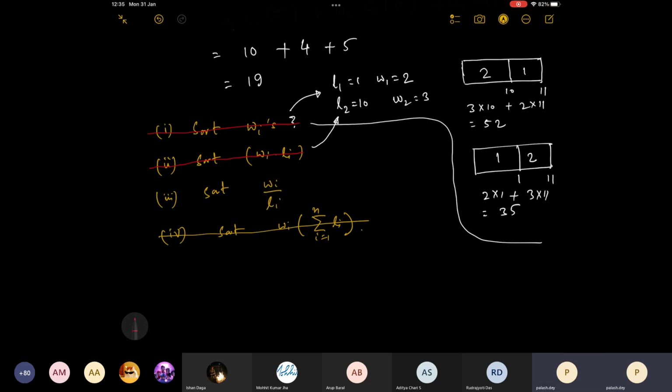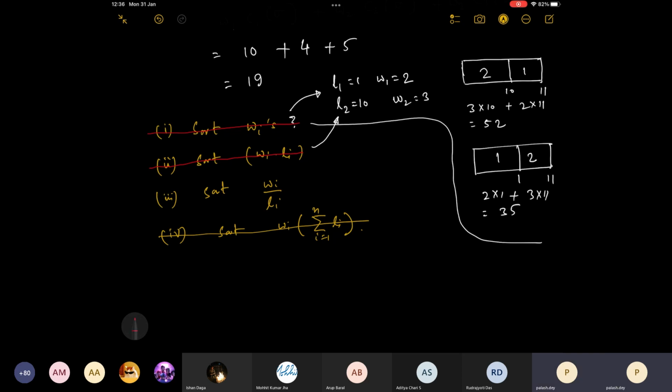Am I making sense? Anyone who is not able to follow? So in that sense, that third candidate, sorting the jobs by wi by li, makes intuitive sense.